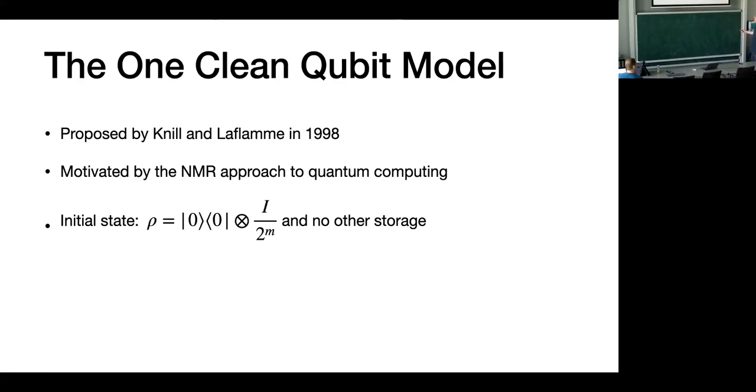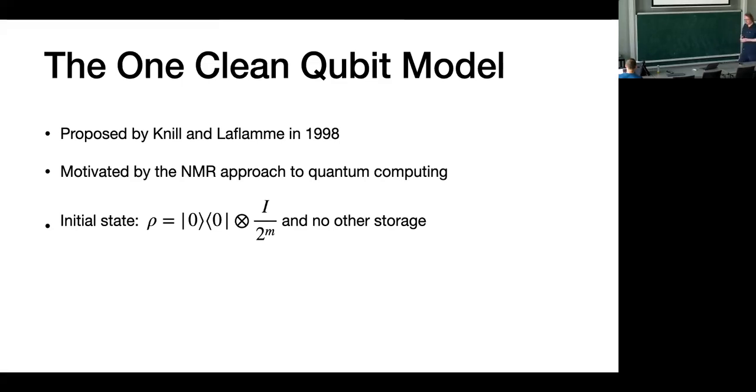So the initial state of an abstract one clean qubit computation is the mixed state, where you have one qubit that starts in a coherent state, let's say 0, and then the main storage is just the totally mixed state, and that's all you have on storage.